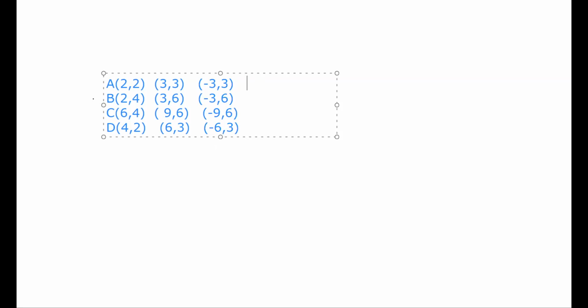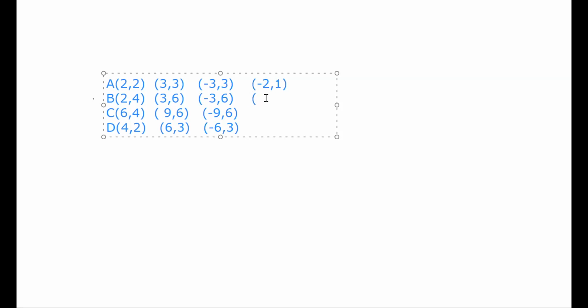And then you are required to do plus 1 and minus 2. Plus 1 to x and minus 2 to y. So negative 3 plus 1 is negative 2, and 3 minus 2 is going to be 1.